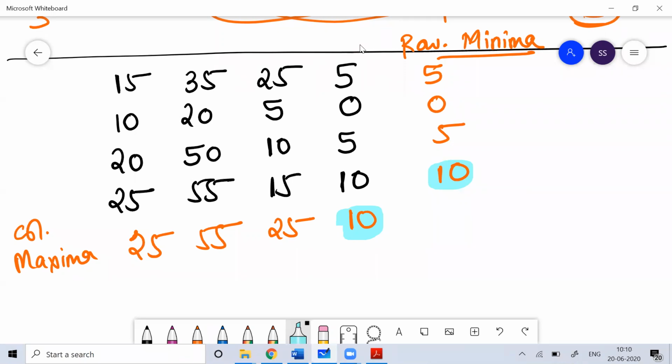Okay, one minute. Okay, fine, here this was 10 million. Okay, some calculation mistake I've done. Column maxima, here this is 25, here is 55, here it is 25, here this is 10.